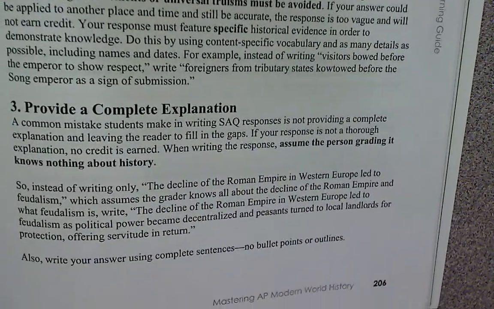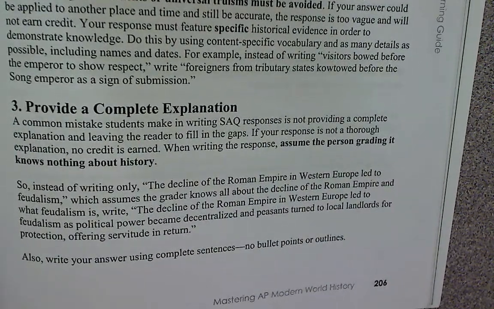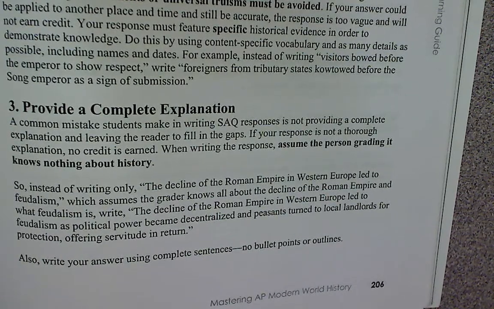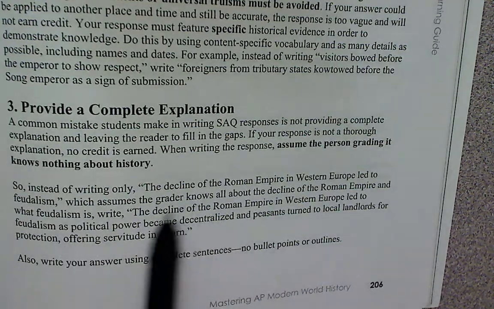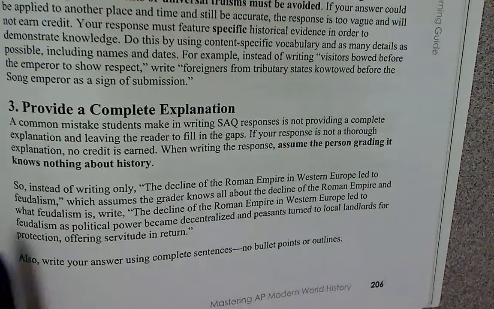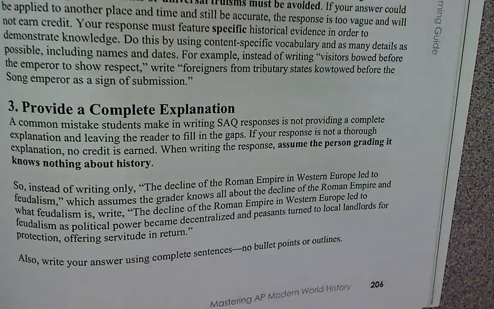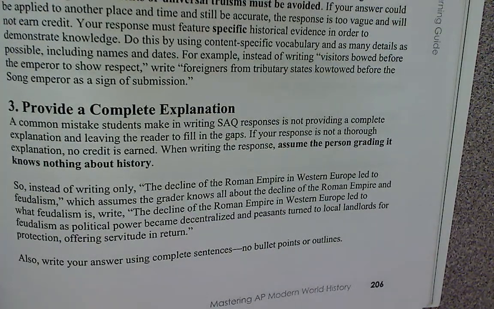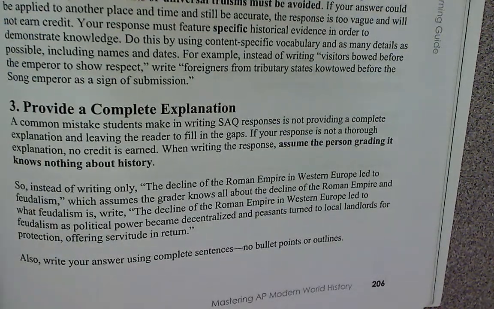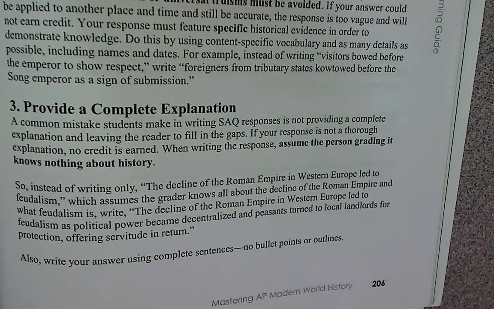And then you want to provide a complete explanation. For example, if the SAQ has to do with the fall of Rome, instead of saying the decline of the Roman Empire led to feudalism, which it did, but okay, great, so what? You need to explain. Always ask yourself, does the answer that you have written answer my question of so what? The decline of the Roman Empire led to feudalism.